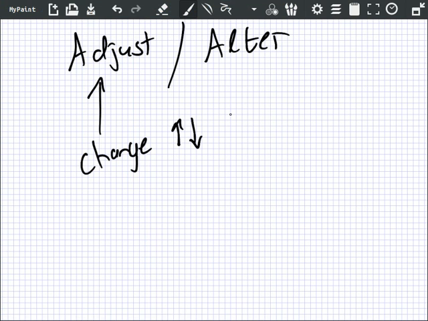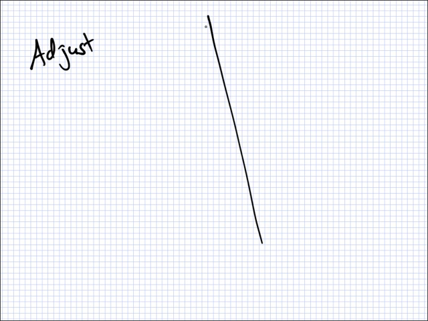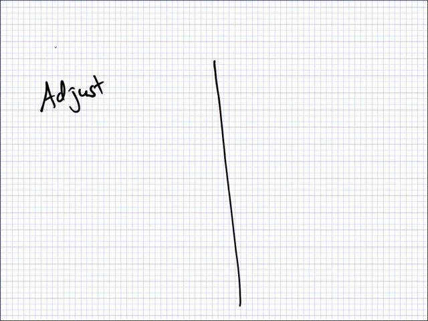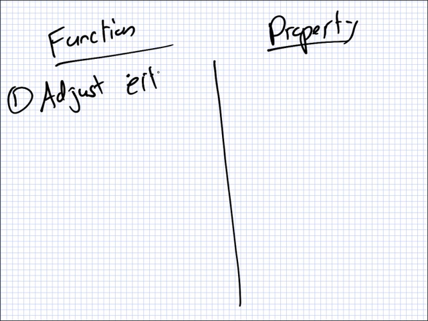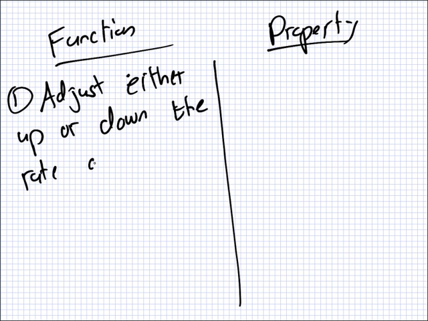Shall we write something down or what? So for the first one, it just. Okay, so hang on. Let me just. Jeepers. Function. Property 1. Adjust either up or down, as you said, the rate of fission slash neutron rate.